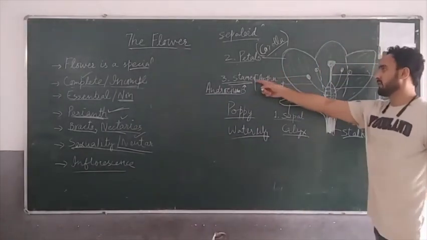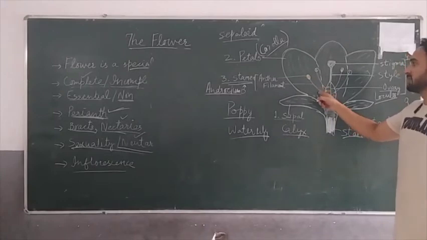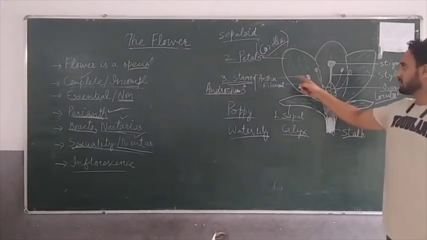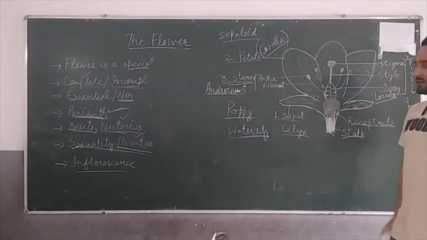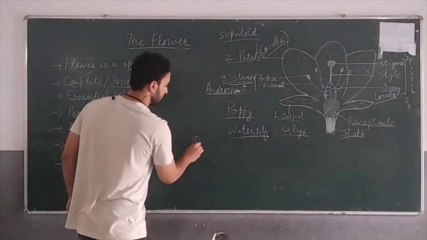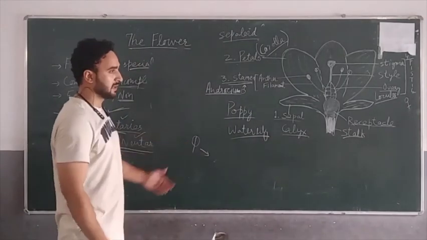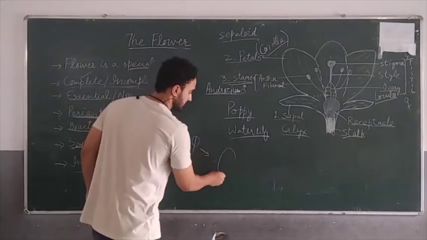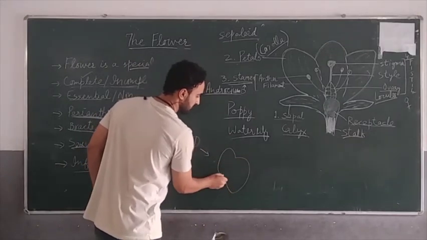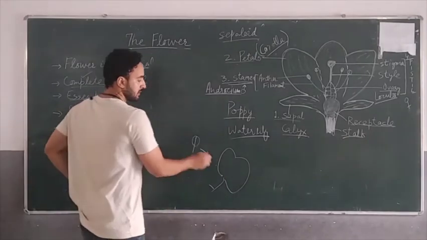Stamen consists of a bilobed anther and a thread-like filament. If we draw a slightly bigger diagram of the anther, it looks like this. This is the filament and this is the bilobed anther.